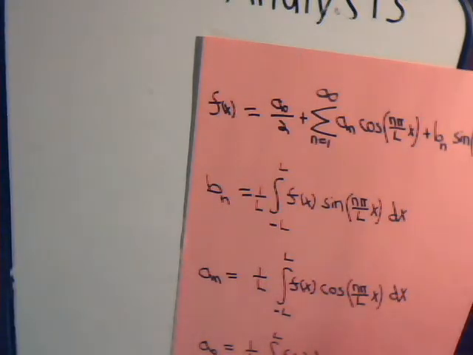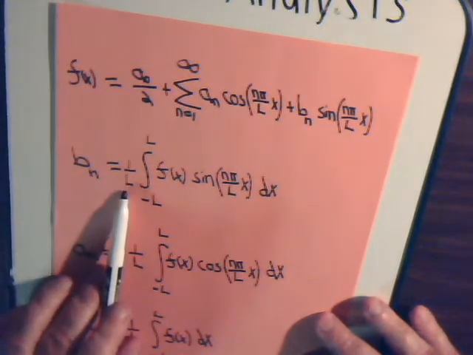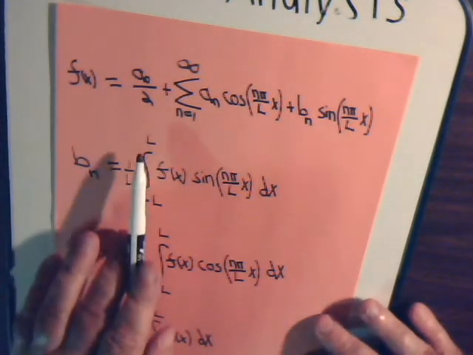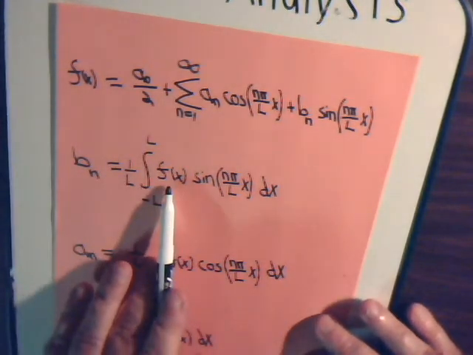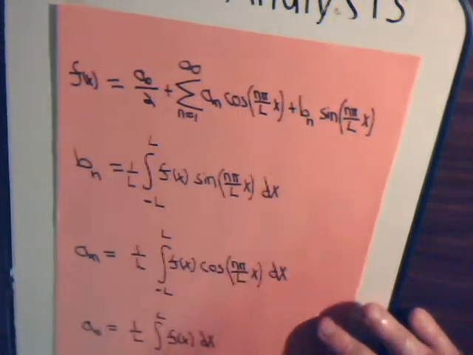Okay, so this is 1 over pi. We're integrating from minus pi to 0. That'll be minus x times the sine of nx dx.